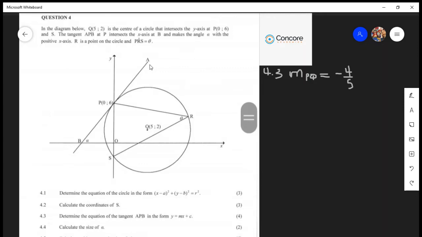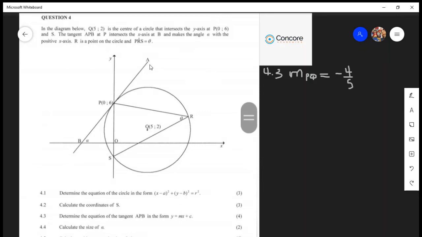And the only option that we have is the perpendicular option, because there's no line that's parallel to our tangent. We don't have the angle of alpha, so we can't use the m is equal to tan theta option. We don't have 2 points on this line to calculate our normal gradient formula, so the only other option is to use our perpendicular option.